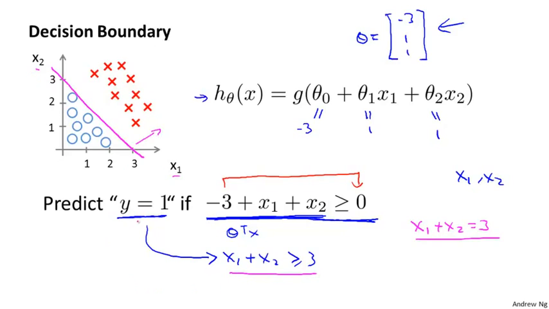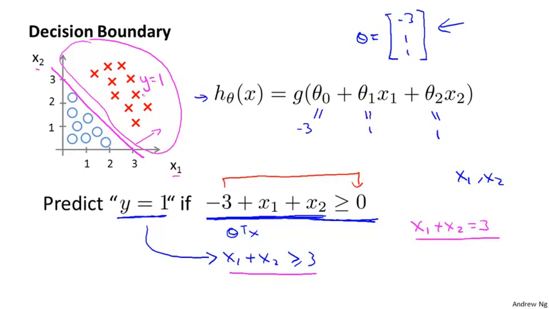That is everything to the upper right portion of this magenta line that I just drew. And so the region where our hypothesis will predict y equals 1 is this huge region, this half space over to the upper right. And let me just write that down. I'm going to call this the y equals 1 region.